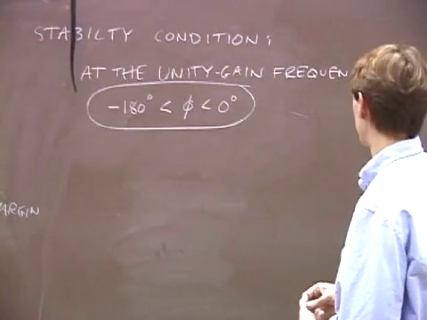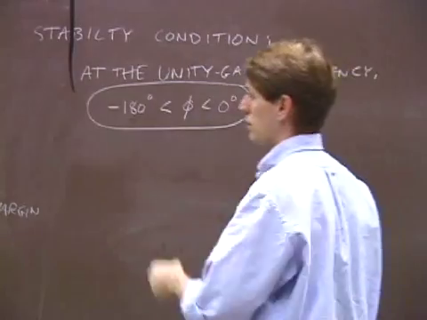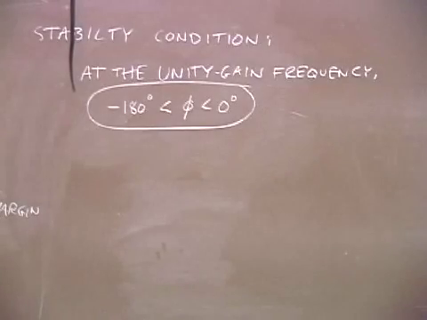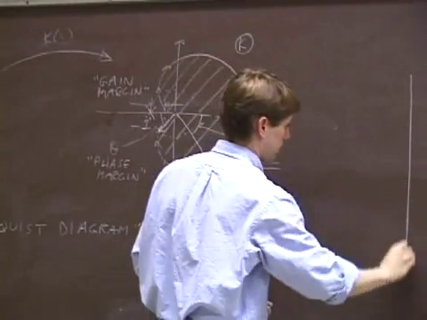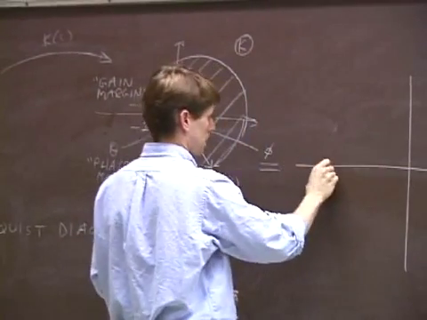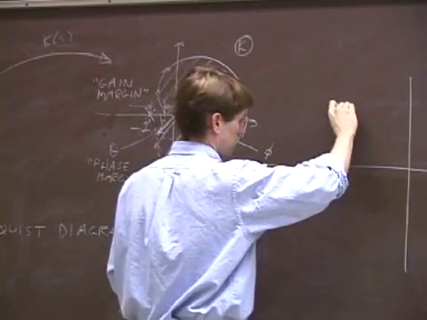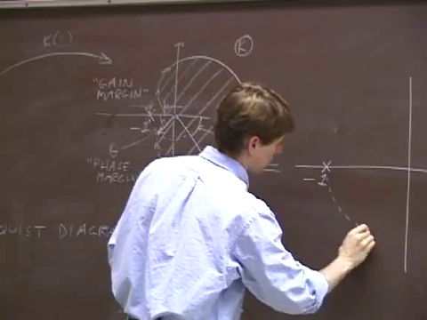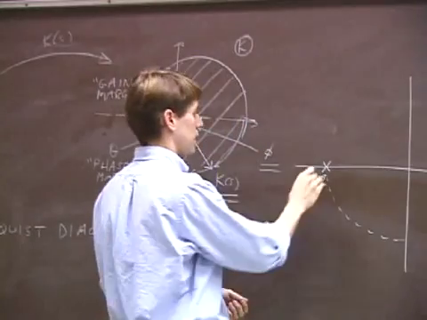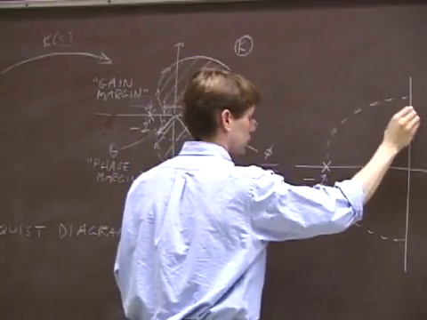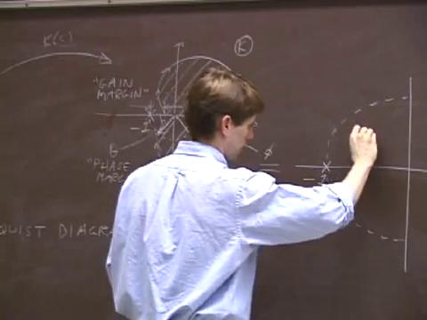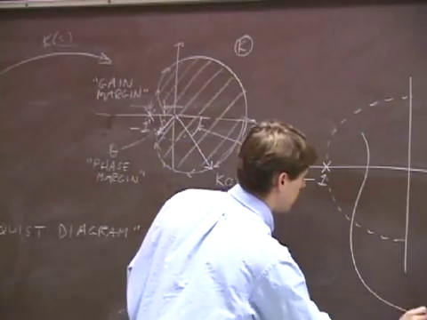And now I promised I would redraw that region here to represent this guy. So we'll do a close-up. Forbidden point, unity gain, unit circle, boundary.